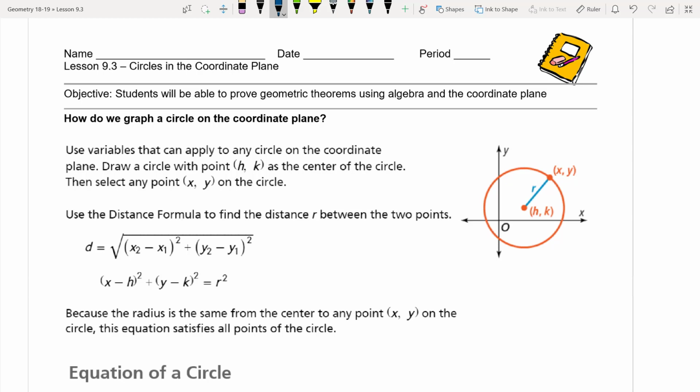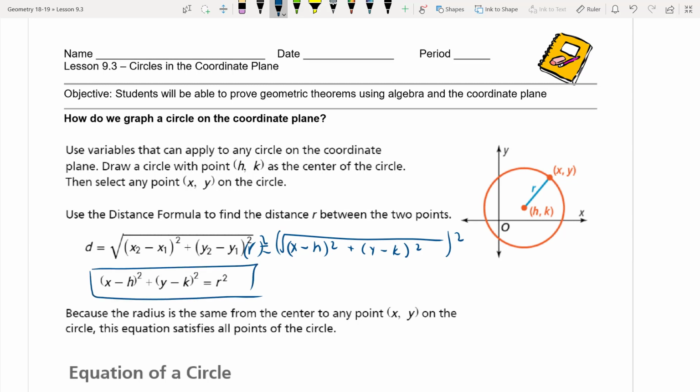If I replace these with my correct points, I would have x minus h, that would be my horizontal distance, and then I have y minus k as my vertical distance, and that equals my radius. So if I want to get rid of that square root, I can square both sides, and that's how we get the circle formula.